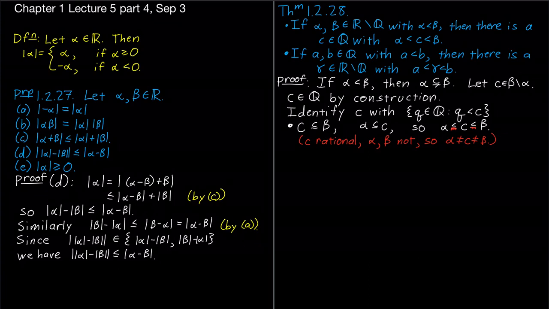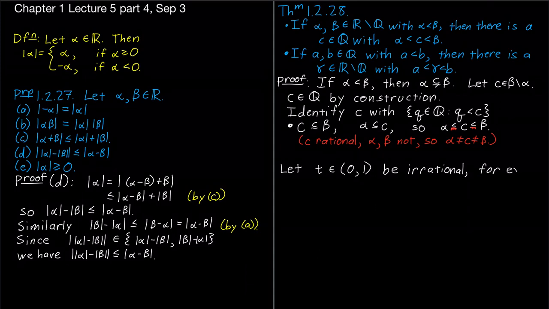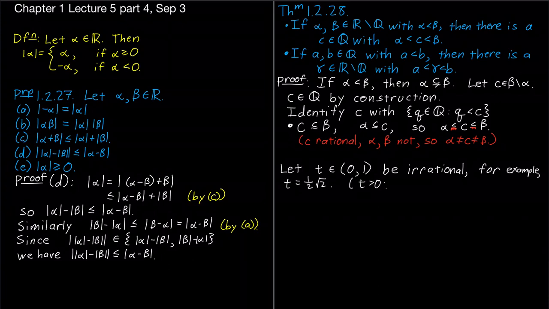All right. For the second part, let T be an irrational number that's between 0 and 1. So, for example, you could take T to be 1/2 of the square root of 2, and then T is clearly greater than 0.